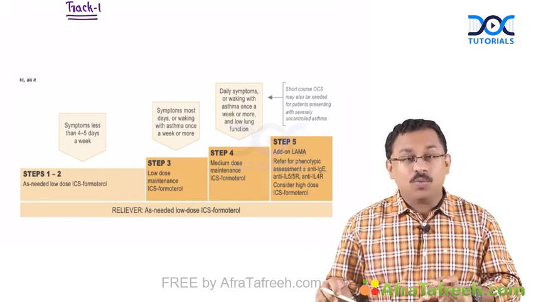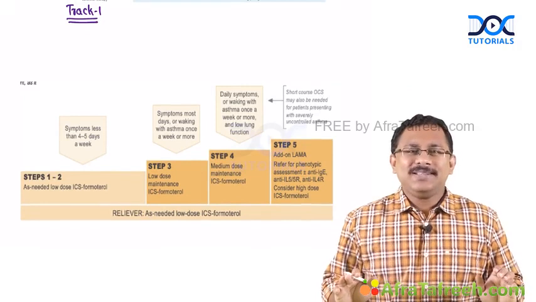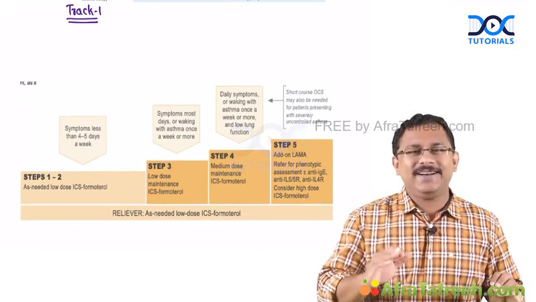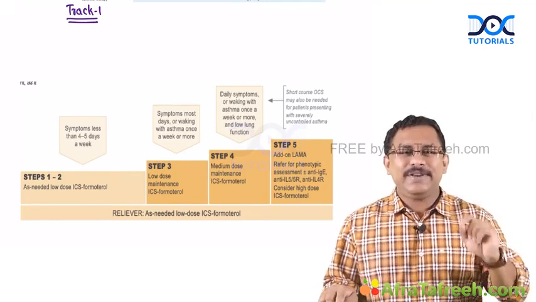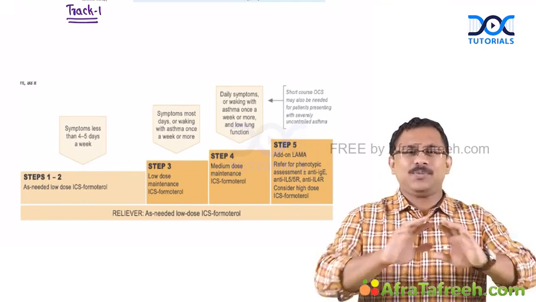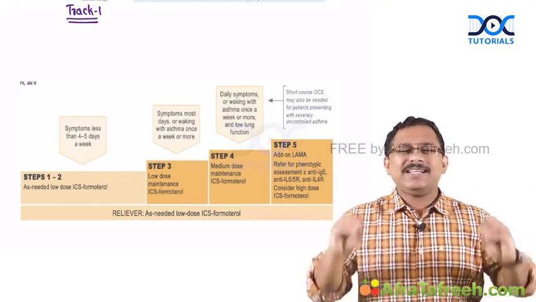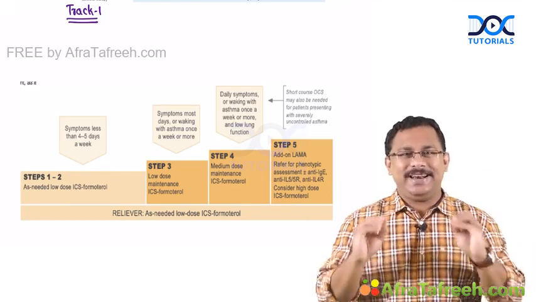Now in track 1, now we are moving on to track 1. So the management of the patient is actually divided into various steps, because each and every patient of bronchial asthma, suppose you have got 10 patients of bronchial asthma, you won't be giving the same medications to each of them. It is a personalized management.